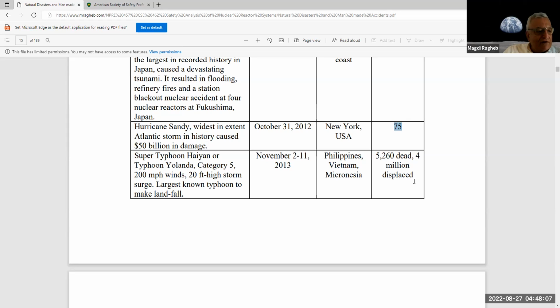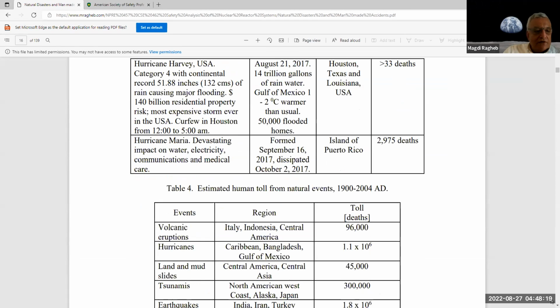Another typhoon happened in the Philippines, Vietnam, and Micronesia. 4 million people were displaced of their homes because their homes were flooded and destroyed. In the United States, 2017, in our lifetime, more than 33 people died, but it caused $100 billion in residential loss.